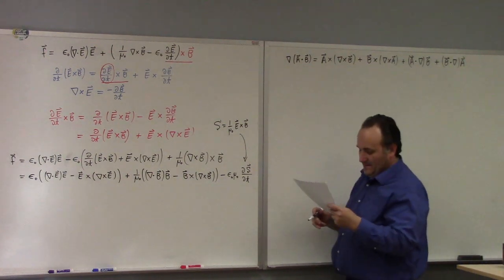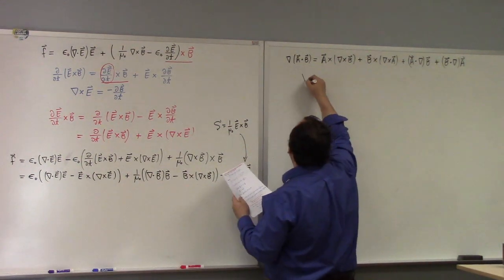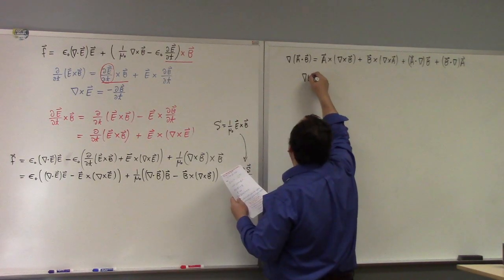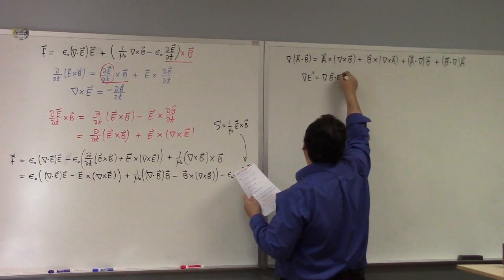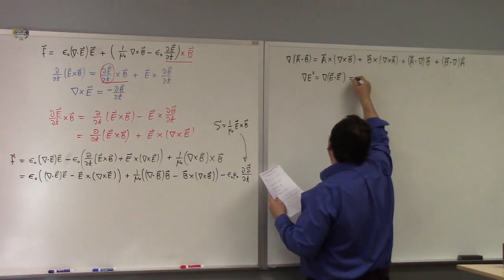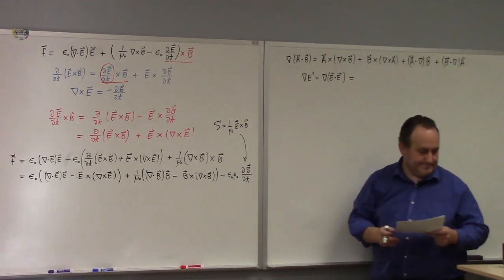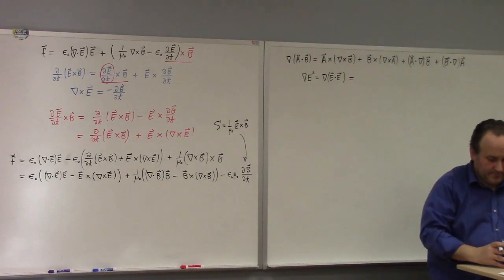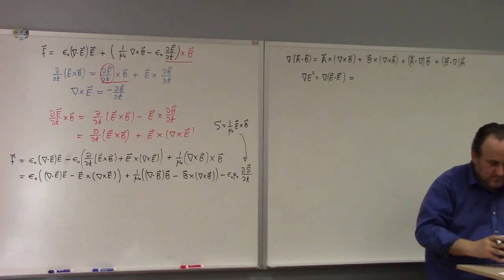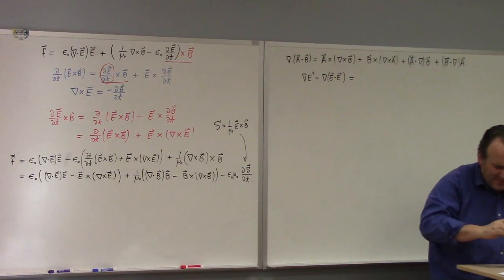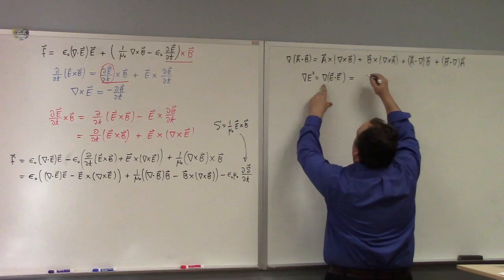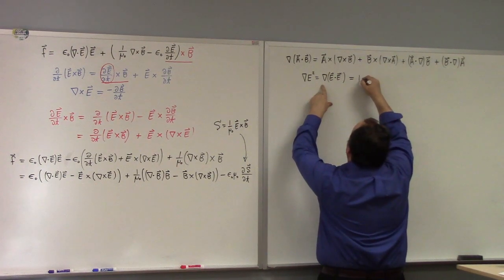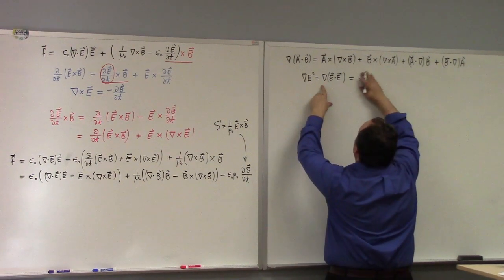All right. And so from this, if we look at nabla E squared, that's nabla E dot E, right? E squared is E dot E. Yeah? So that would give us what? Yeah, you see there's 2 of them?